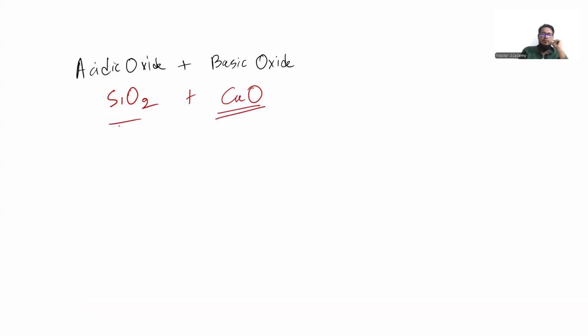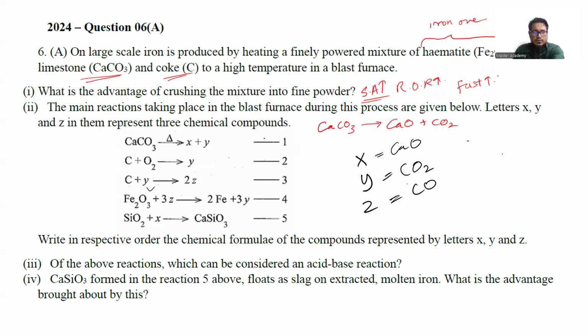This is acidic oxide. So that is the reaction. You can write silicon dioxide and calcium oxide reaction, or you can write the equation number. They have given the numbers here. Fifth one. You can write the fifth reaction, or you can write the reaction. No problem. You will get the mark.